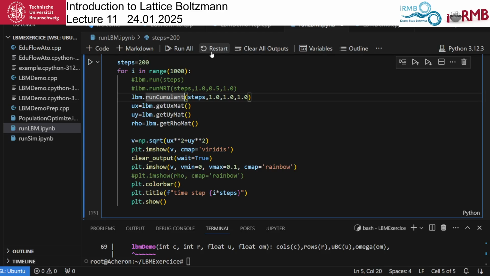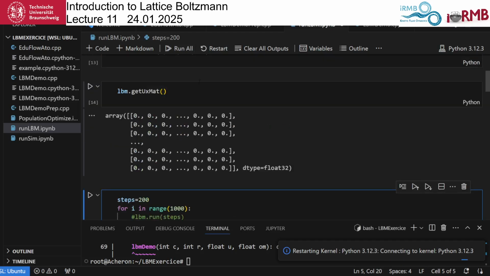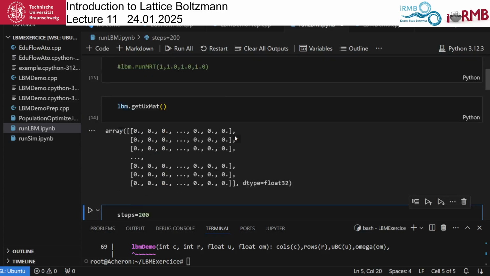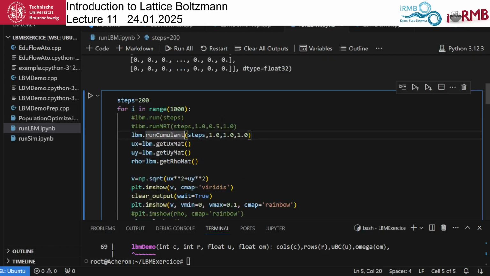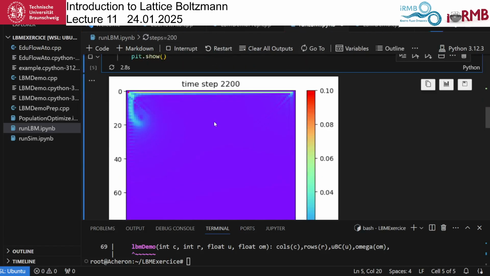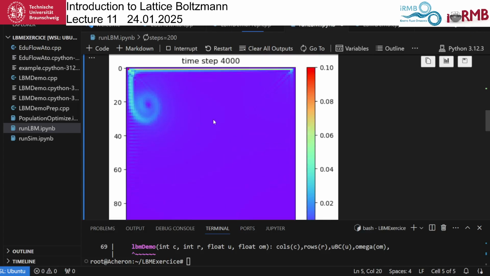So we have to restart this, and I guess I played around with this. So 100 by 100, 1.996, and nothing fancy here. So this is the usual cumulant way. Yeah. So let's run our cumulant.